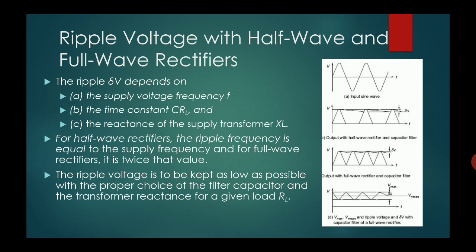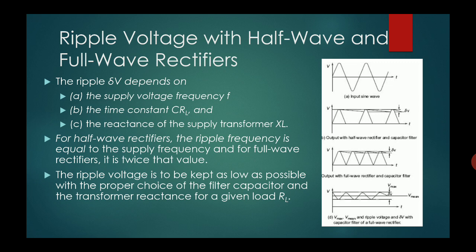Now you can see why we talked about the time constant being 10 times more. If you have a larger time constant, it takes a longer amount of time for the voltage to reduce, and this will decrease the ripple.